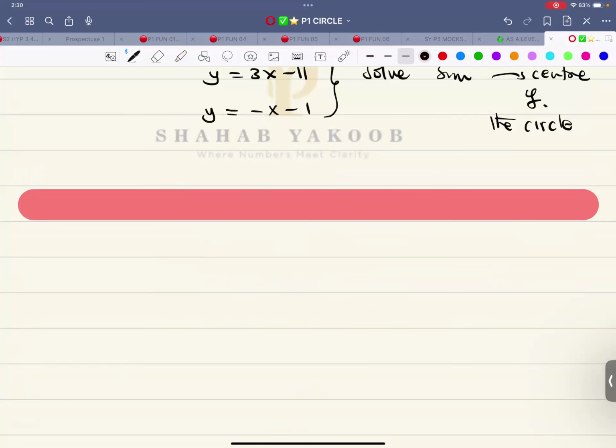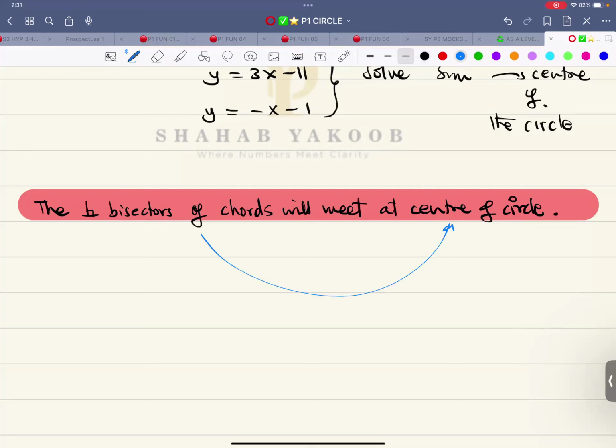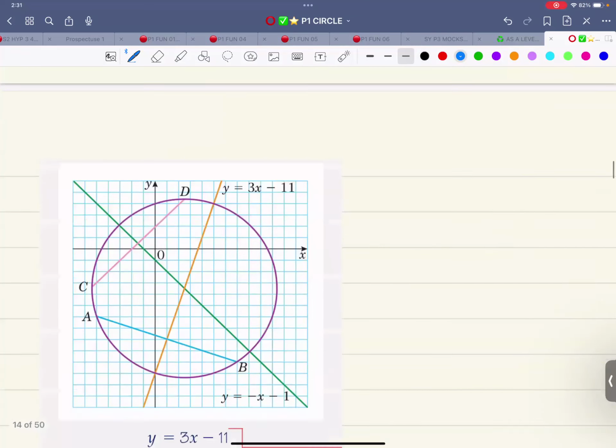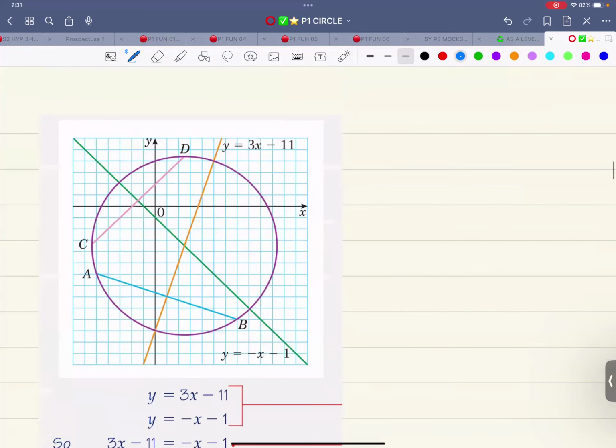That is, the perpendicular bisectors of chords will meet at the center of the circle. That means if you have the perpendicular bisectors, you can find the center of the circle. Solve it simultaneously and you will find the center. So therefore, the hint is solve simultaneously.